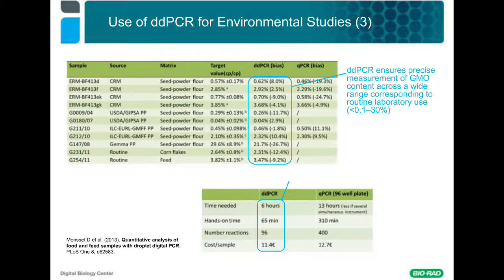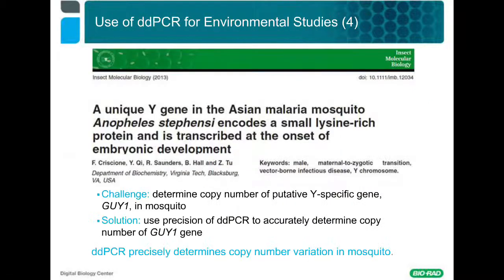As you can see, by comparison with the qPCR results, the level of bias of digital PCR is lower. Not only that, but in 5 samples, qPCR did not detect the GMO, whereas digital PCR did detect it.